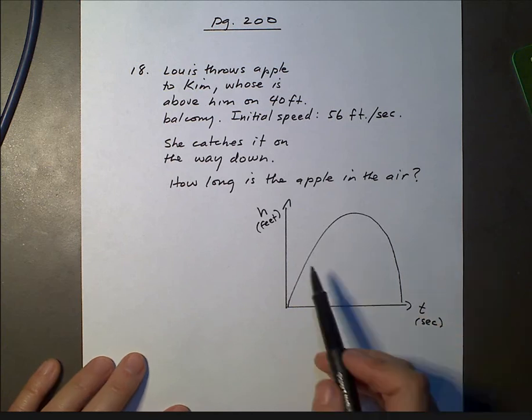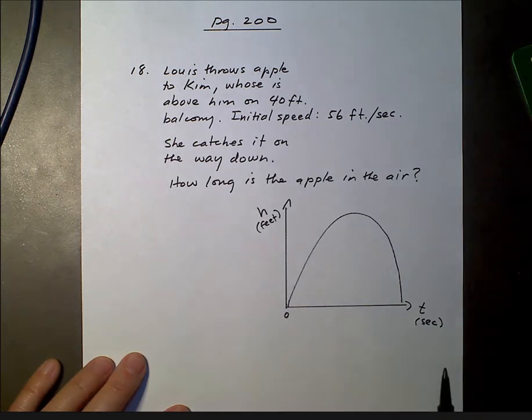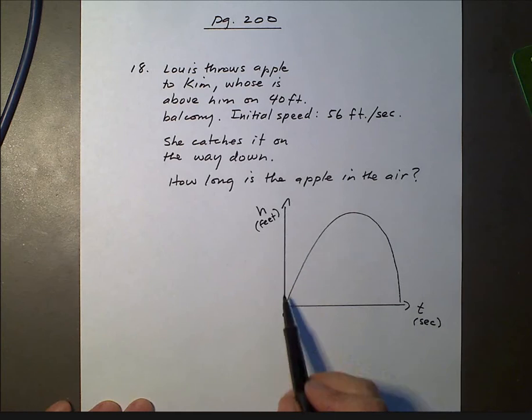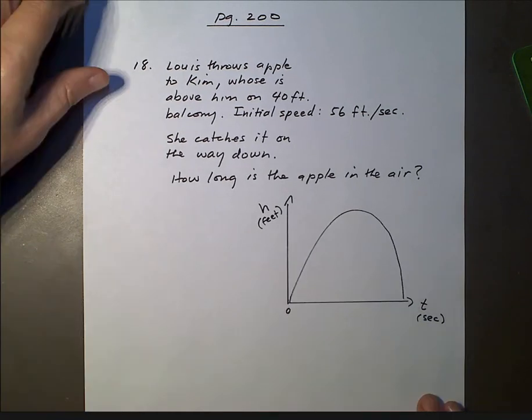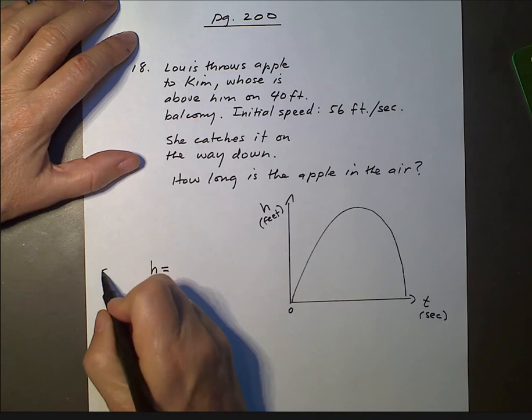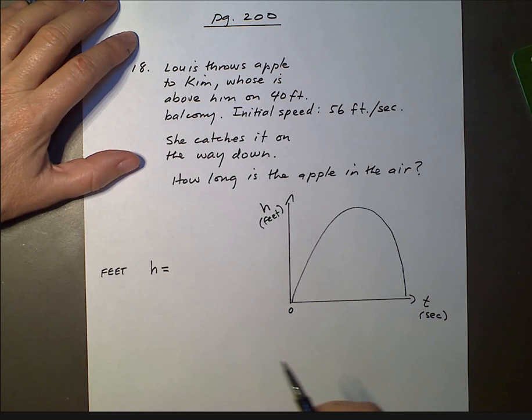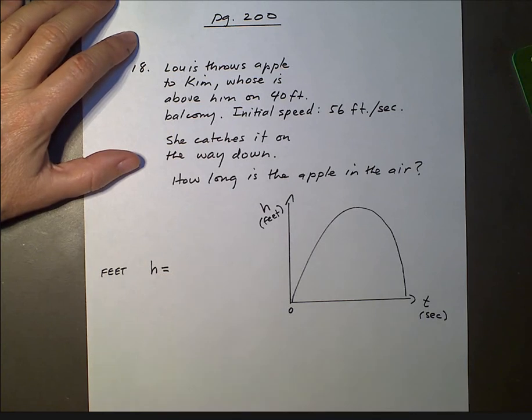Or if I know how high it is, I can figure out how many seconds it's been in the air, since time equals 0 and height equals 0. So we're going to use the formula for figuring out vertical motion with feet as a measurement.